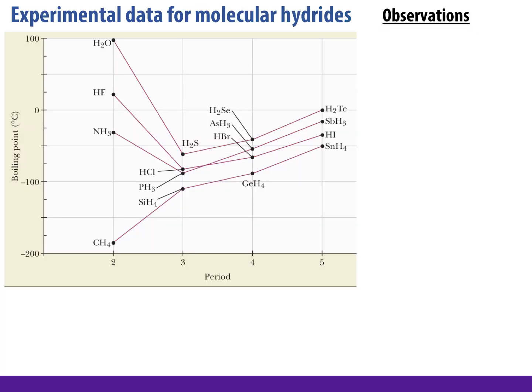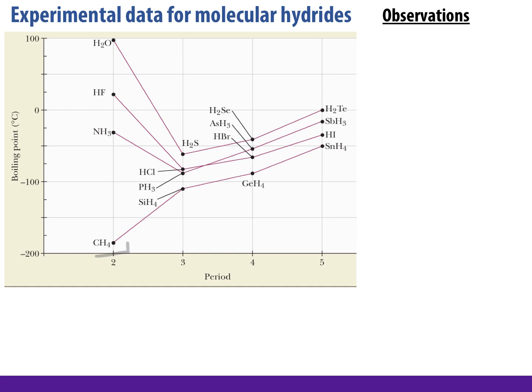Okay, let's start with some experimental data to motivate what we're doing here. Take a second to try to draw a few observations from this chart showing the boiling points of different molecular hydrides. These are all covalently bonded and have different intermolecular forces. Okay, so I'll start drawing some conclusions here. Maybe I'll start with the one that we're going to focus on first.